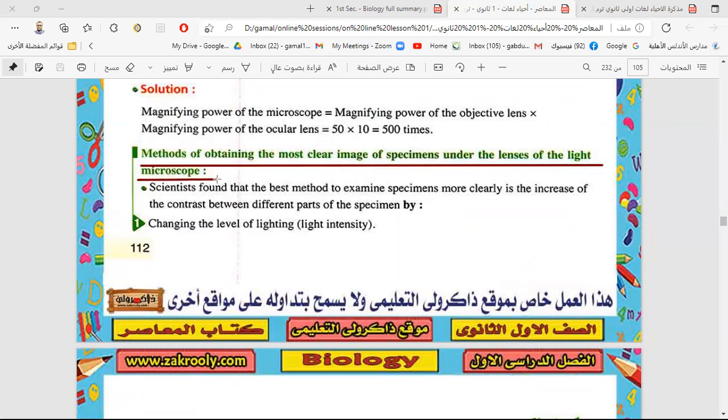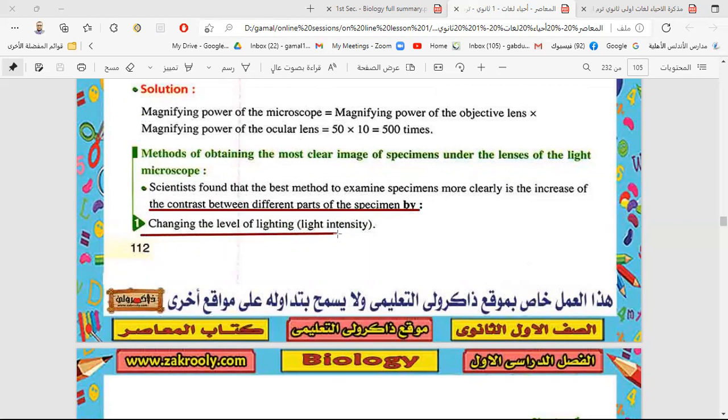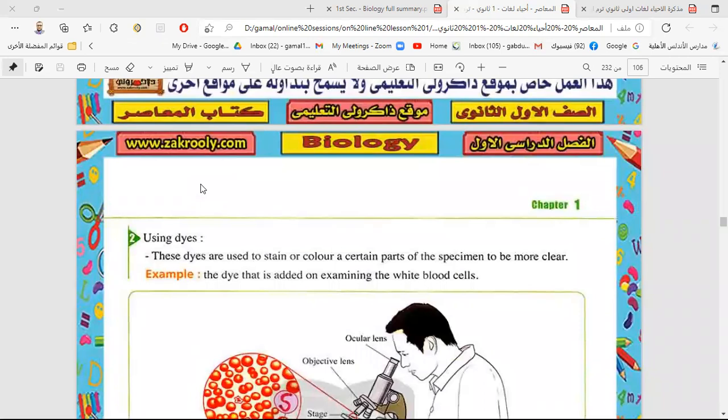Scientists found that the best method to examine the specimen more clearly is by increasing the contrast between different parts of the specimen by changing the level of light, the light intensity, or the distance, moving the adjuster up and down, or using dyes.